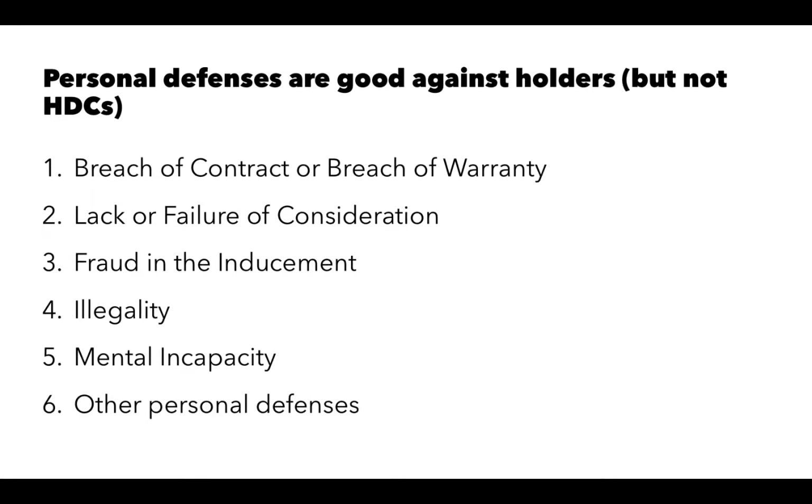There are other personal defenses: discharge by payment or non-delivery of the instrument, unauthorized completion of an incomplete instrument, ordinary duress or undue influence. All of those are valid defenses against a holder, but not a holder in due course.